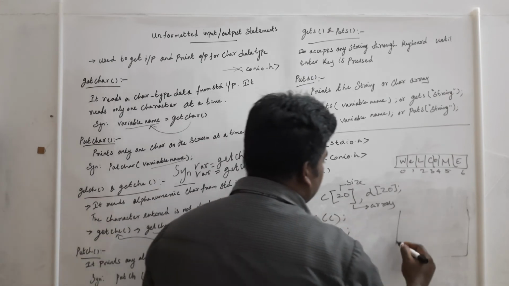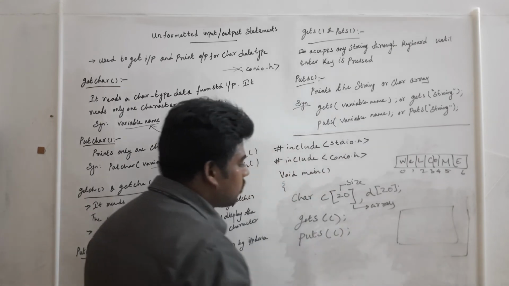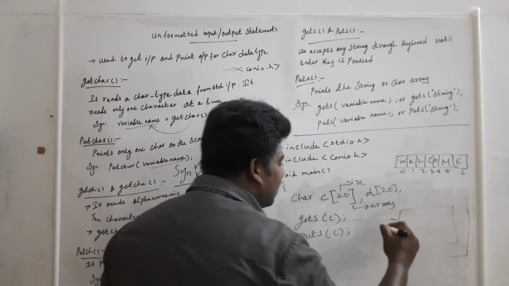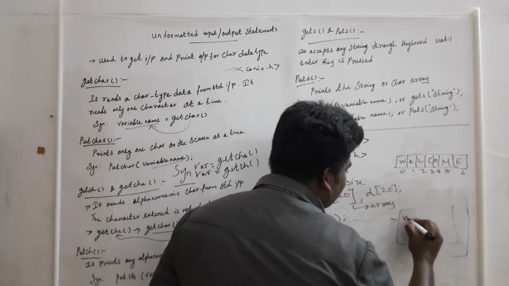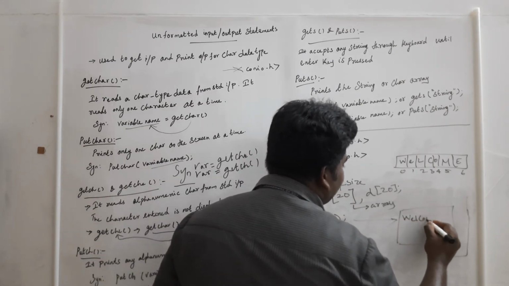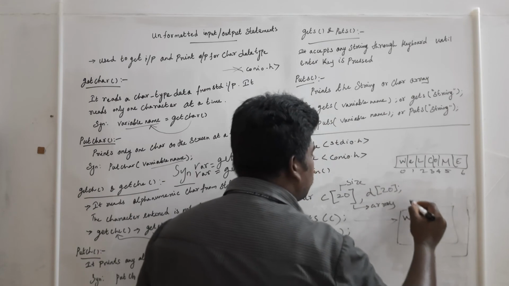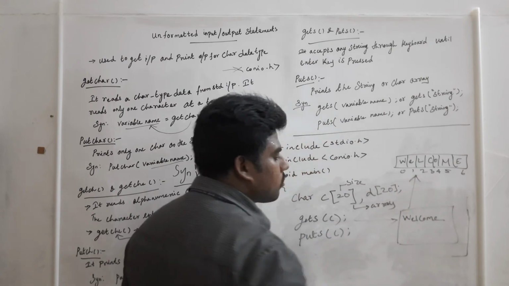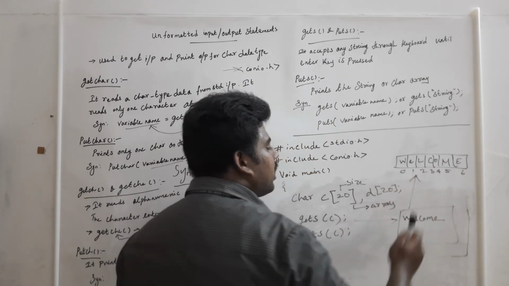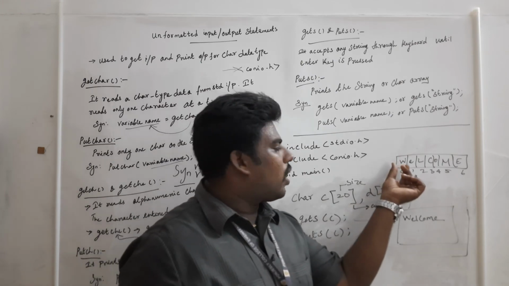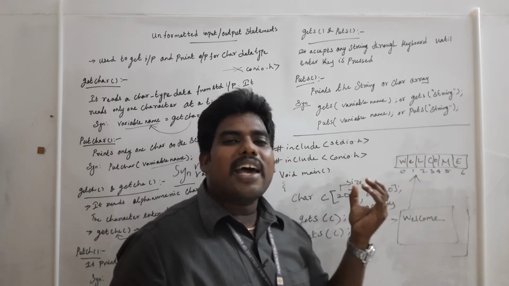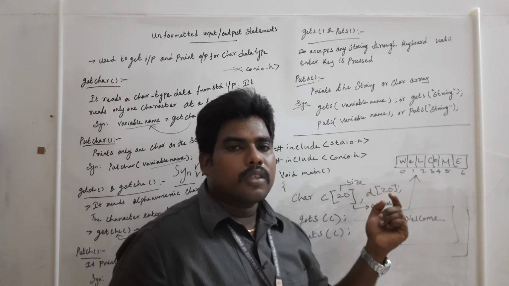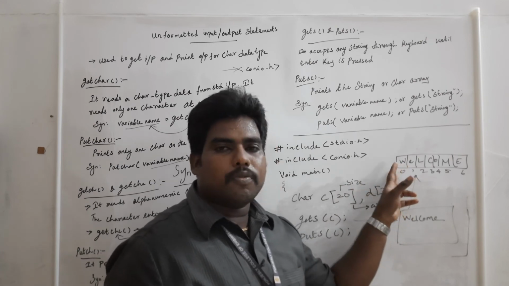Now what will happen? gets of c is getting the string input. You are giving welcome, like that. So it will be stored like this. Each memory cell has 1 byte. Why? The character data type's storage capacity is 1 byte.